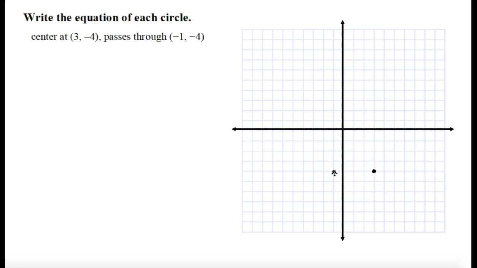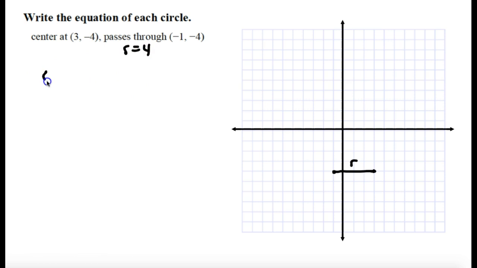The distance between the center and some point on the circle is the radius. In this case, I can just count the radius since that's on a nice straight line. So my radius would be 1, 2, 3, 4. So we have our center and we have a radius of 4.